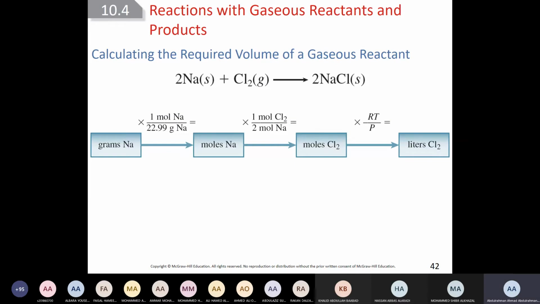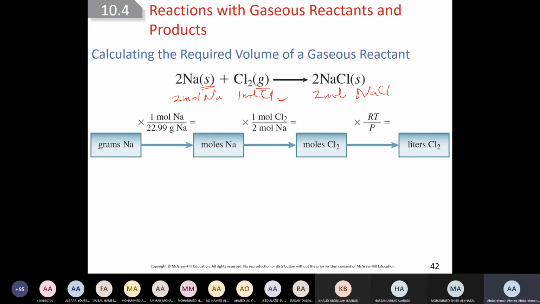Now, if I have solid and gas, I can only relate things by mole. What should I say here? 2 mole Na react with 1 mole Cl2 to give me 2 mole NaCl.